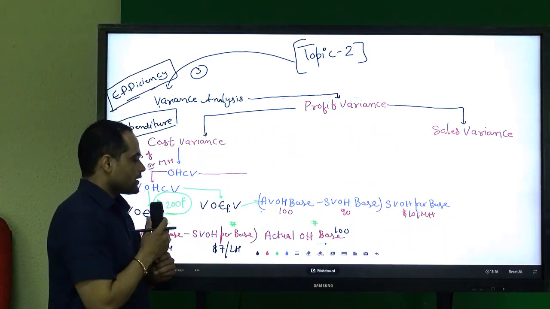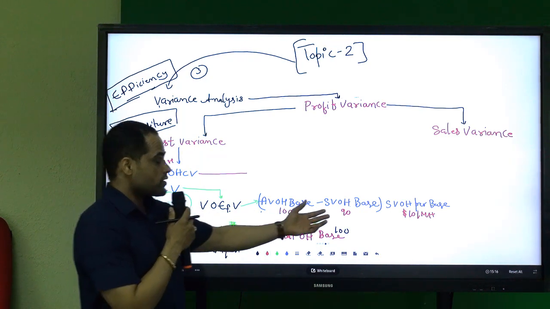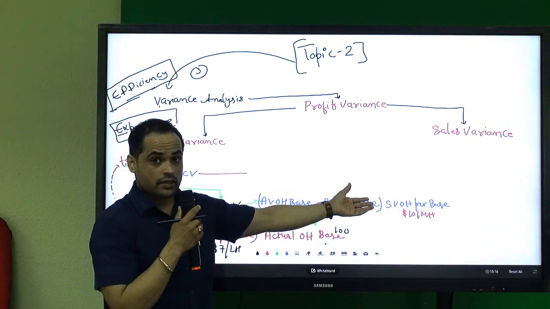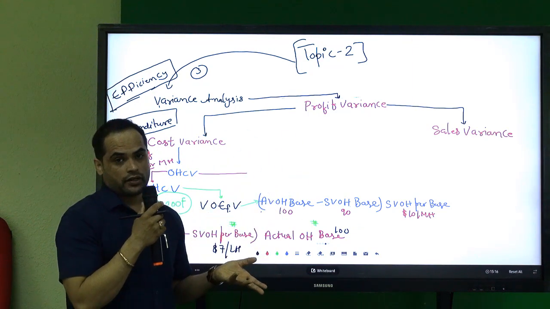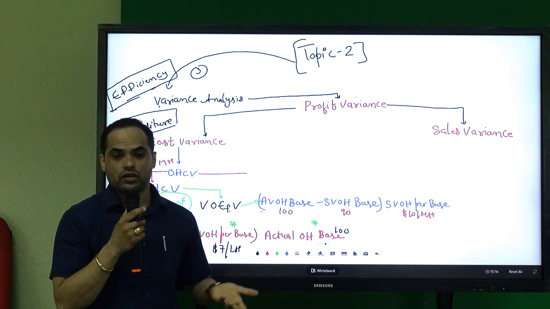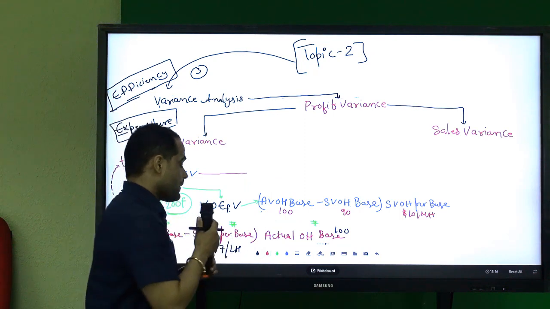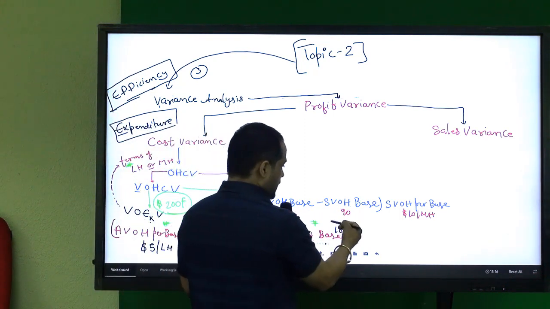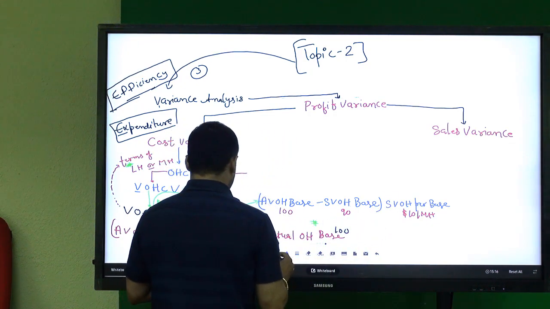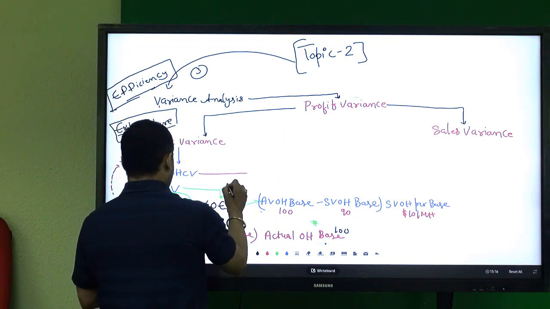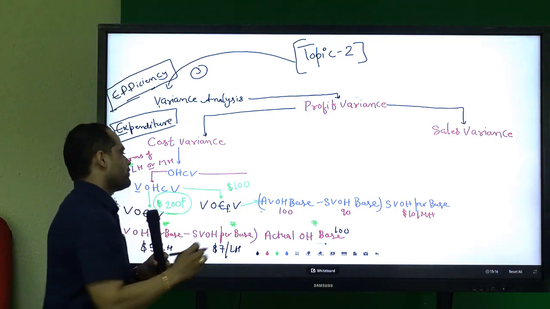So I was expecting that my machine will run 90 hours to produce that particular product, but it's taking 100 hours to produce that amount of product. Which means my machine is running 10 hours extra to produce the same amount of product. So 100 minus 90 is 10, 10 multiplied by 10 is 100, right? So it's 100 U.